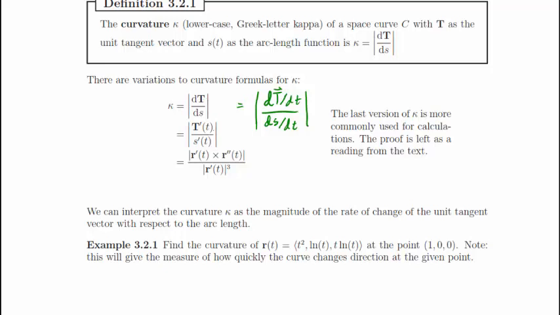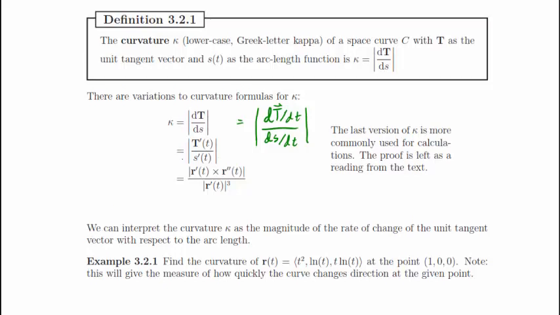Now, capital T prime of t is going to equal r prime of t cross r double prime of t. You see the little note on the side: the proof is left as a reading from the text, so if you open up the textbook, they show how to get that, and that the denominator is the magnitude of r prime of t all cubed.